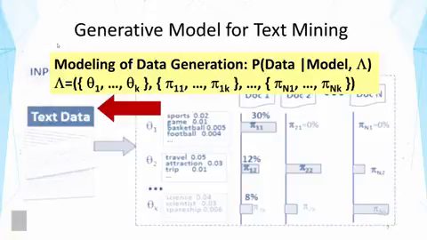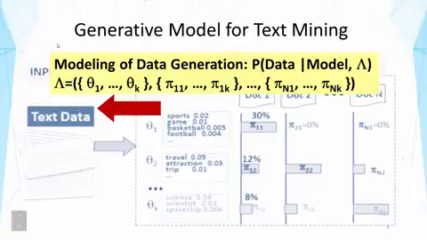Now in this case, of course, for our text mining problem, or more precisely topic mining problem, we have the following parameters. First, we have theta i's, each is a word distribution. And then we have a set of pi's for each document. And since we have n documents, we have n sets of pi's. And in each set, all the pi values will sum to 1.